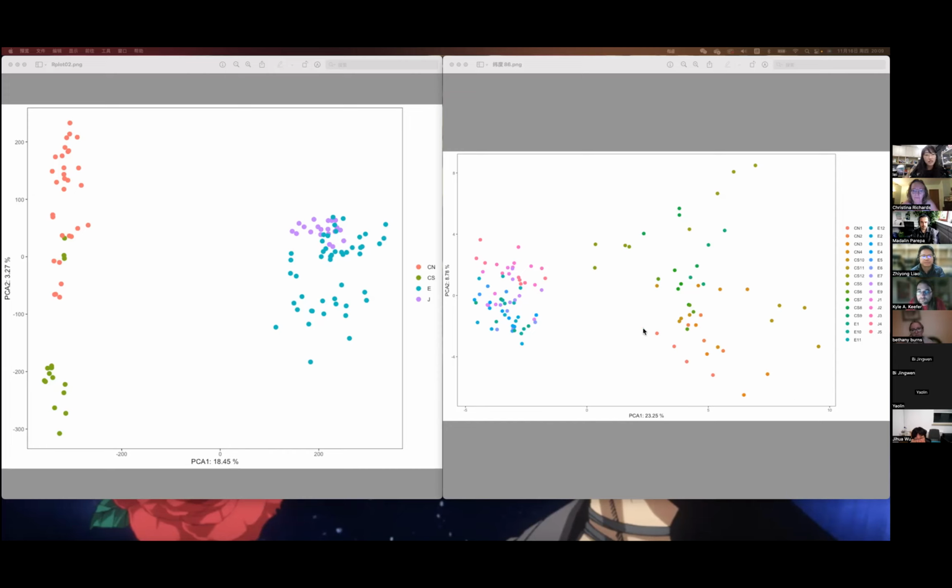At the same level, the European individuals and the Japanese individuals also combine tightly, but the Chinese individuals are on the other side. So from these two pictures, I think Japanese individuals and Chinese individuals should not be put together.